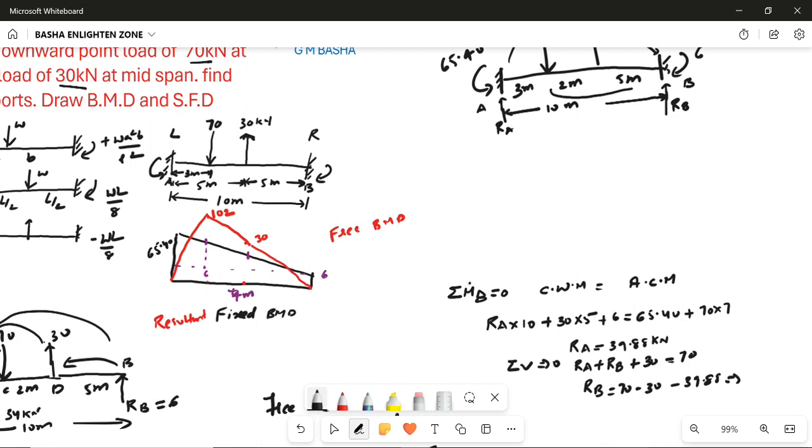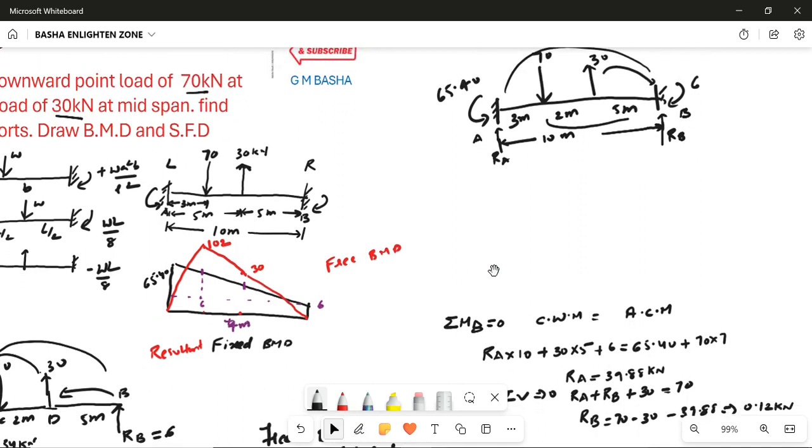So totally you will get near 40, and a smaller value, that is 0.12 kilonewton, is obtained. Okay, so this is the value of RB. So you know the values of RA and RB. Then based on this, we have to draw the shear force diagram.